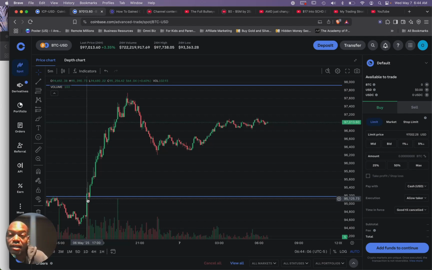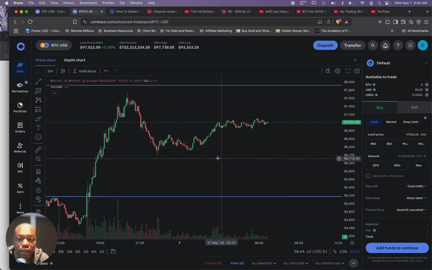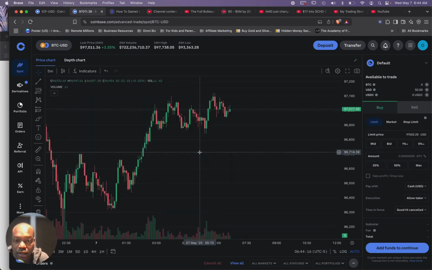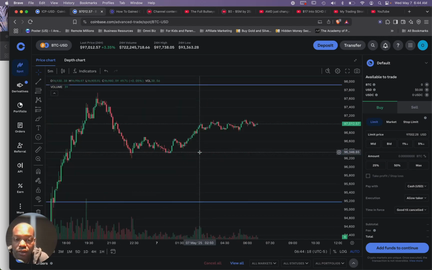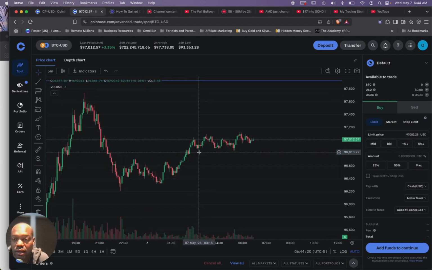So I'm going to leave these support and resistance lines, and I'm going to come in here. And from me, I'm going to see where I feel like it can break out, so to speak.